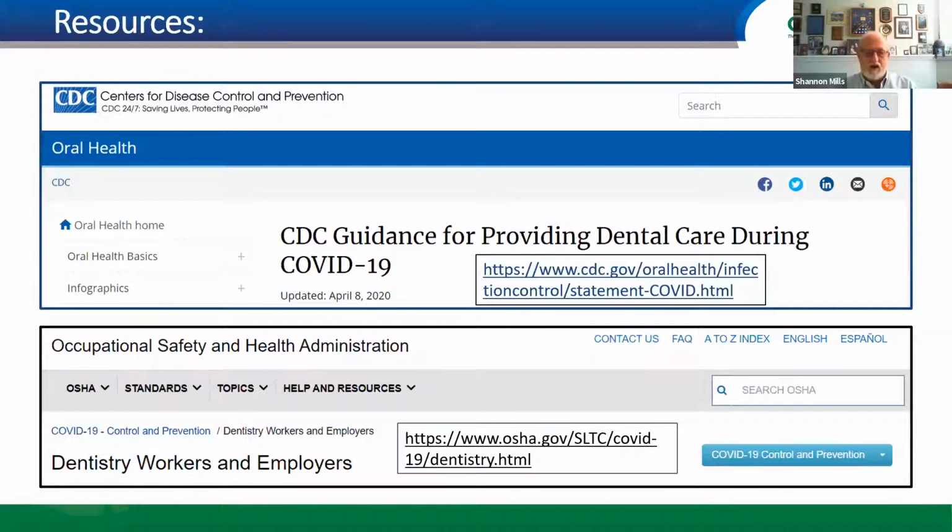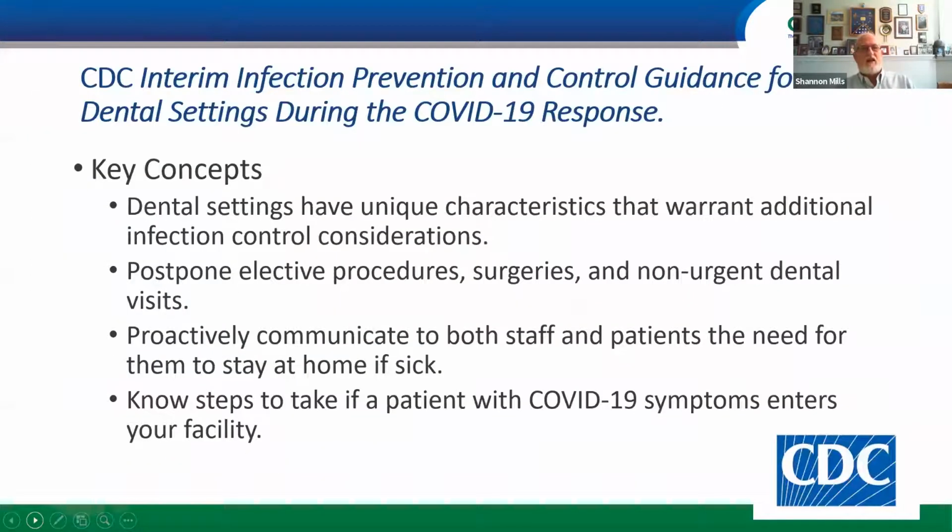They want you to look at them, and there are only minor differences between what they and the CDC are saying. I don't think there are material differences, but there are some things that are a little bit different. Everybody's moving at such a breakneck pace. Coordination is not 100%, but it will get there. I'm certain of that.